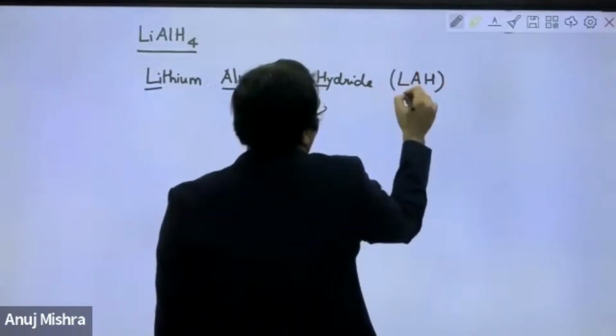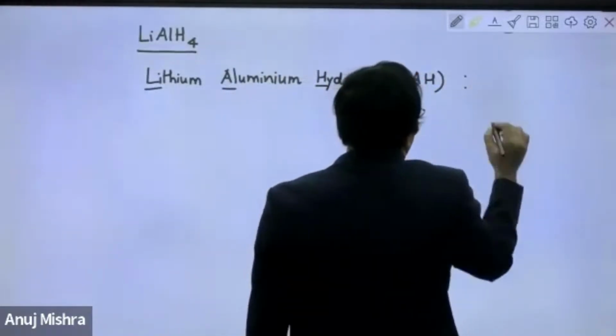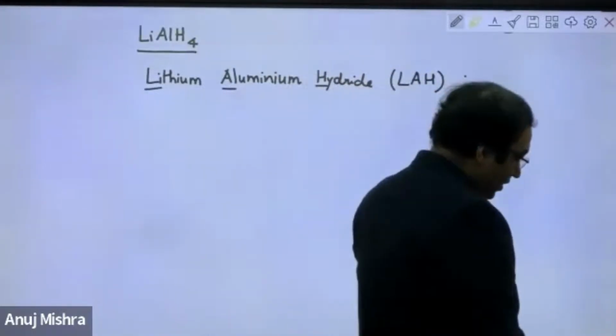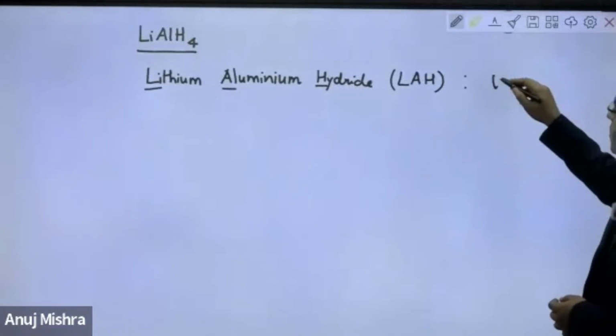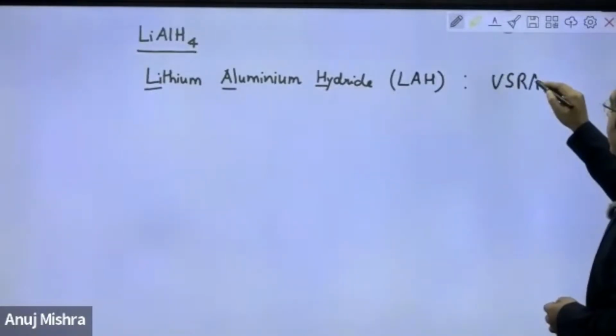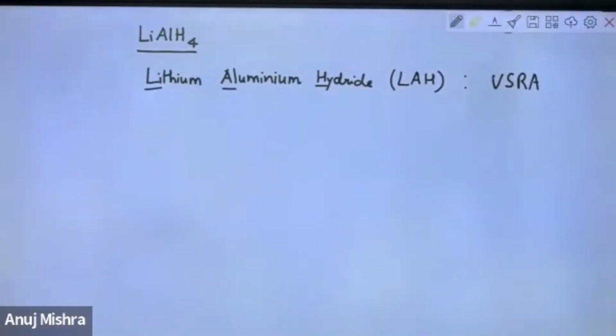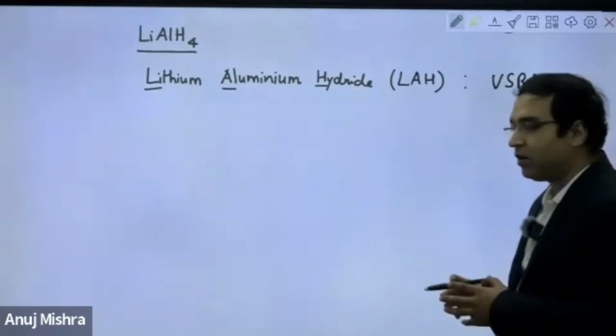LAH. And now you are actually putting your footsteps in, after GOC, in actual organic chemistry. So in the terminology of organic chemistry, I'll use a word VSRA. These kinds of words will keep on coming now. Write down VSRA. VSRA is basically very strong reducing agent.